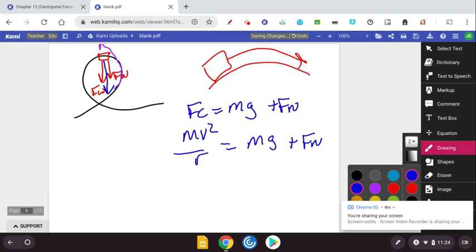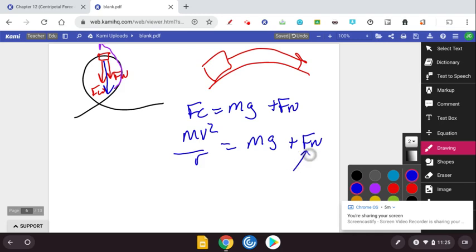So we do a little bit of solving here, and if we can solve for velocity, we can multiply both sides by r and divide by m, and we can get the velocity that you would be going to have a very specific apparent weight. The normal force is that apparent weight. But in a dramatic roller coaster ride, the objective would be that you get as close to weightless as possible.